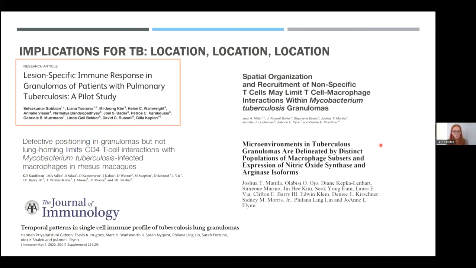And for example, in a granuloma, CD4 T cells are found within the outer layer or outer cuff, and very few localized towards the center of the core.